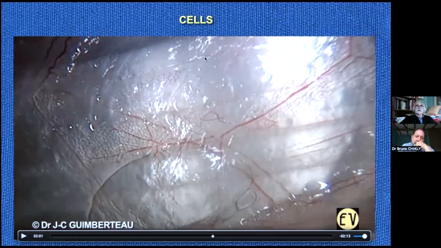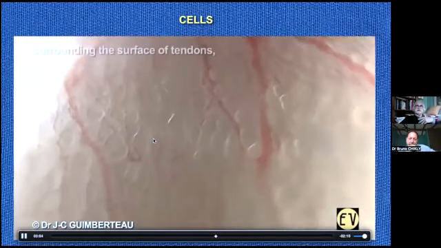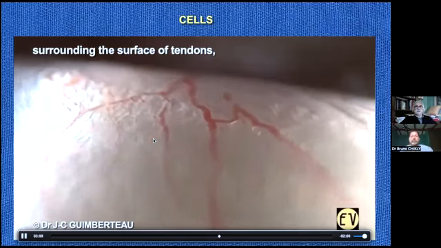Here, no vessels, no cells. Here, one vessel, many vessels, a lot of cells. They love vessels. One vessel, you can find cells. No vessels, nothing. So there is an attraction for blood supply.